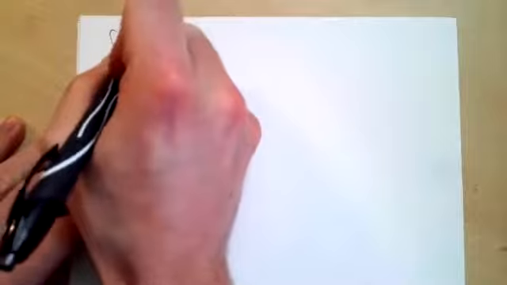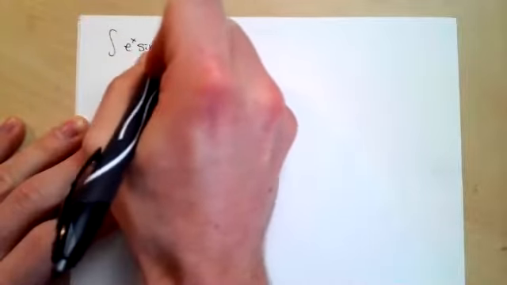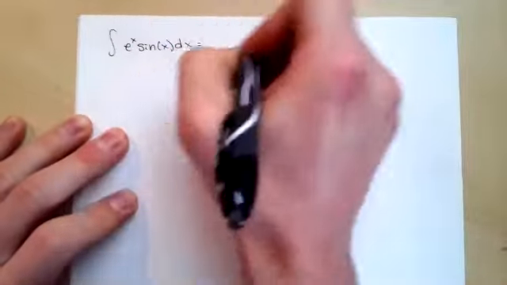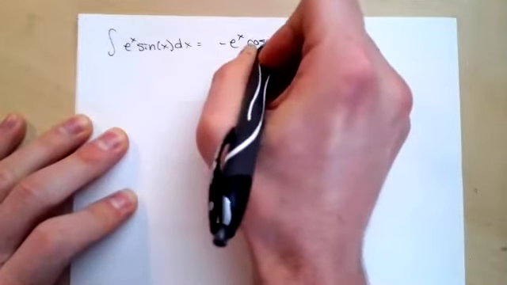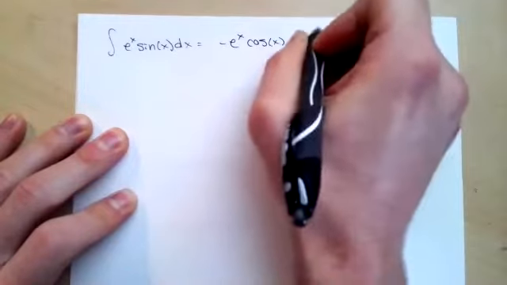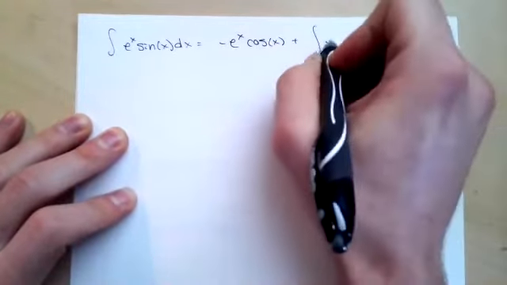So we've got the integral of e to the x sine x is equal to minus e to the x cosine x plus the integral of e to the x cosine x.